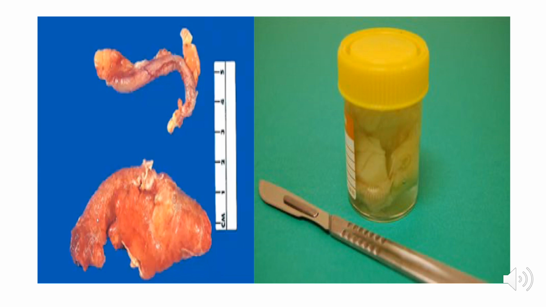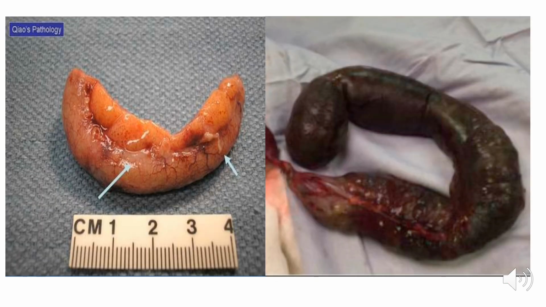Okay, so take a look at these pictures. On the left side of the screen, you have an inflamed appendix that was preserved because you did the fixation step. And the appendix on the right side of the screen was not fixed after the surgery, so the organ underwent decomposition or decaying.